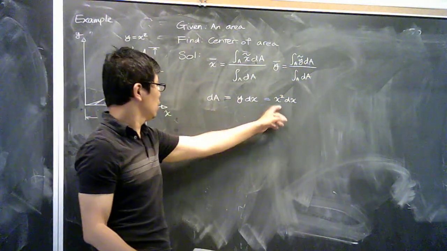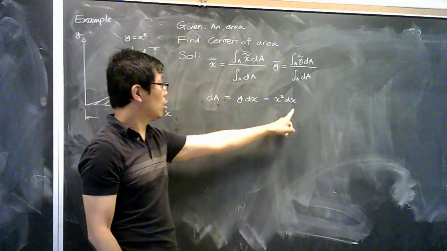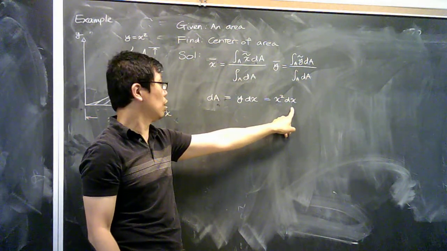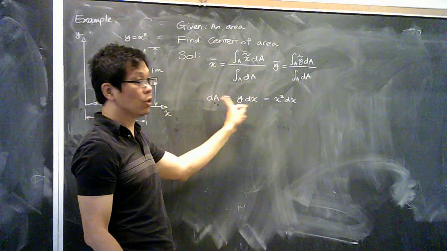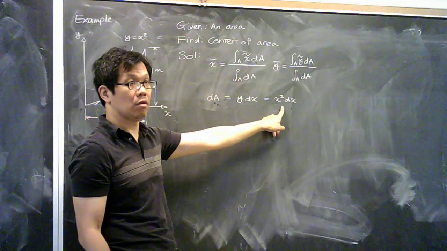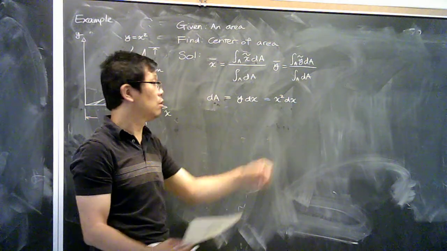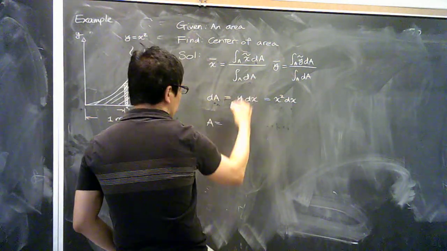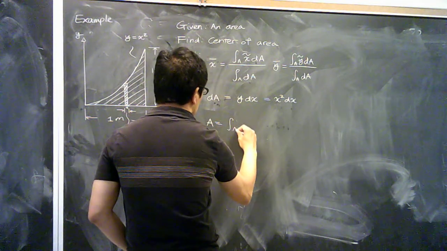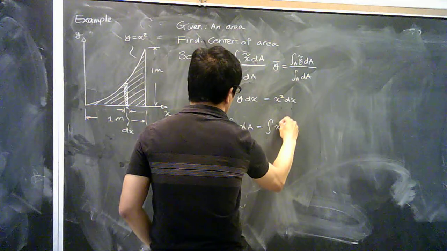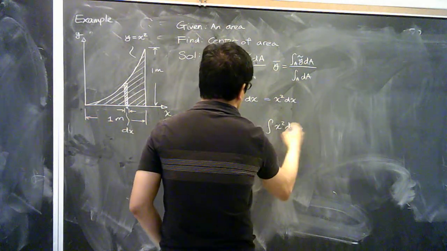So the area, instead of using dA, we can convert that into x squared dx. So we make everything a function of x. Does that make sense? So A becomes the integral of dA, or x squared dx.